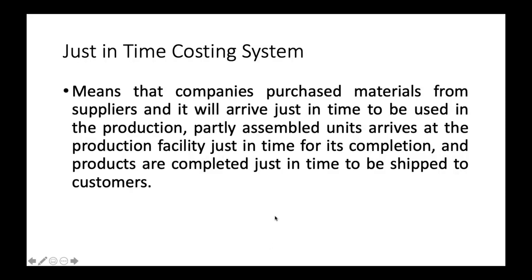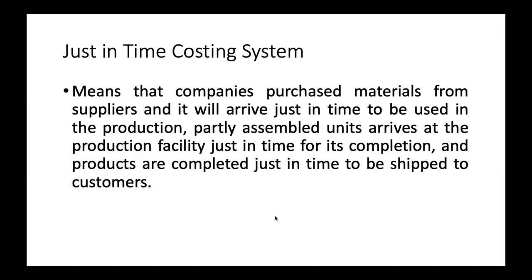Now, just-in-time is a system where the company purchases from suppliers and the purchases arrive just in time to be used in the production. Partly assembled units also arrive at the production facility just in time for completion, and the products are completed just in time to be shipped to customers.